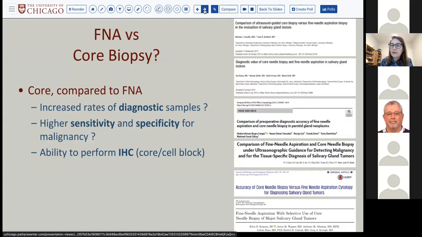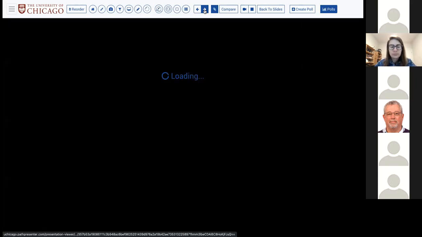And what we have found as well is that the ability to perform immunostains is enhanced by having a nice larger tissue chunk, such as on a good core, or even in the case of a cell block from an FNA. And so immunostains aren't going to help you in all circumstances, but they may fine tune your diagnosis in some cases. And hopefully you'll see how that works in this lecture.